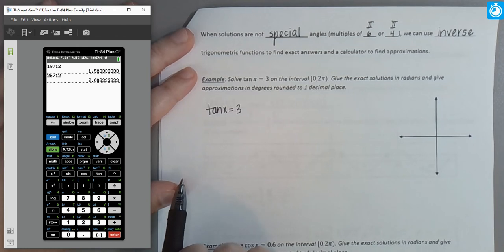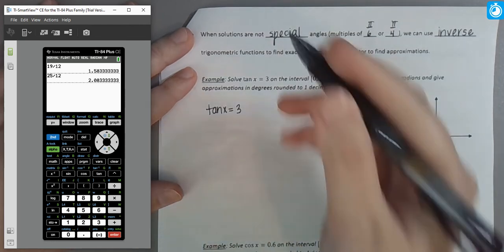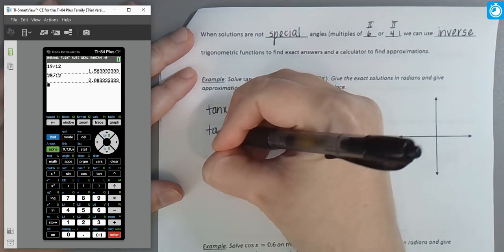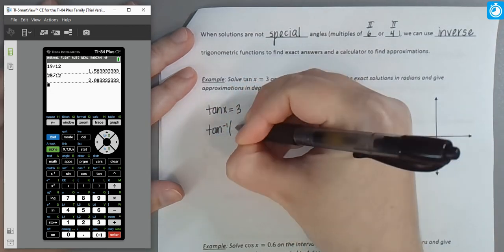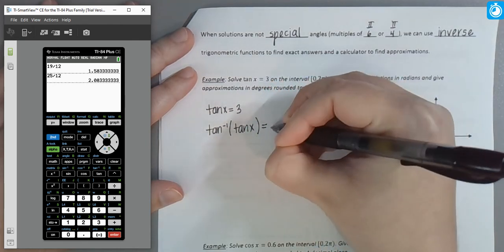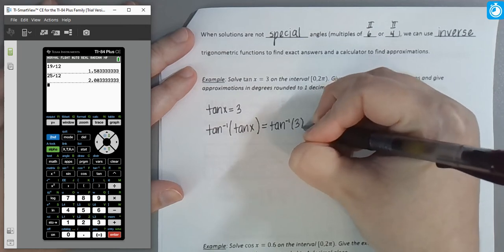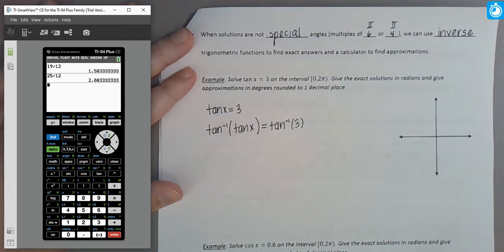So just like if I were to say, for instance, I want to get rid of a square, I would take the square root of both sides of the equation. If I want to get rid of a tangent, I'm going to apply the tangent inverse function to both sides of the equation. And as long as I do the same thing on both sides, I keep the equation in balance.